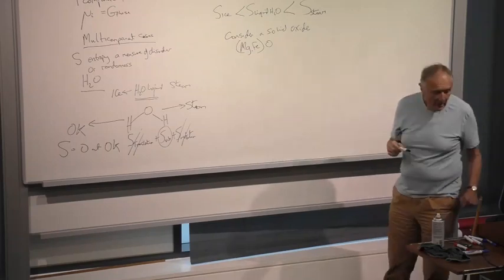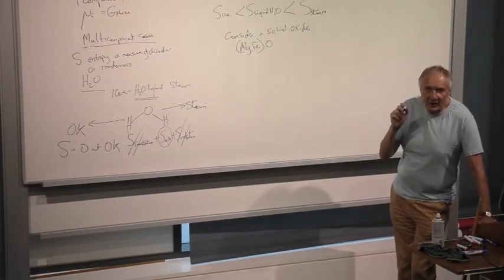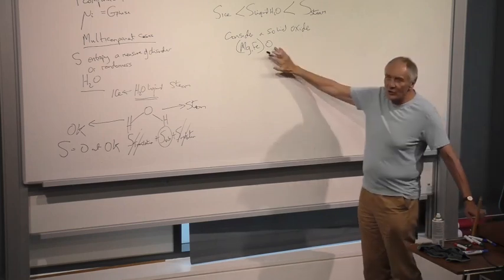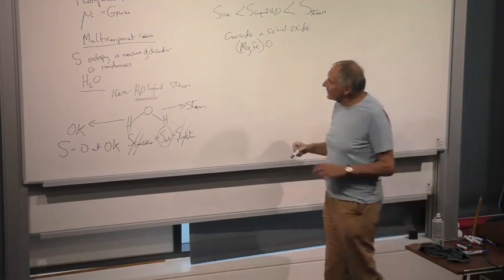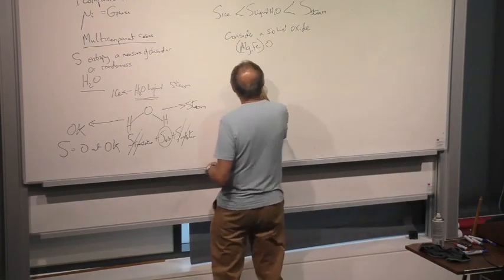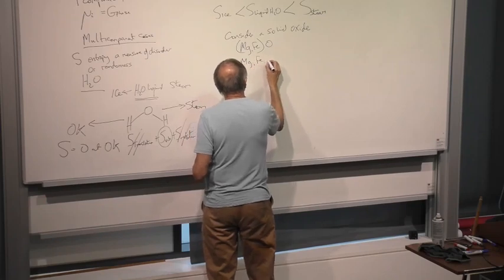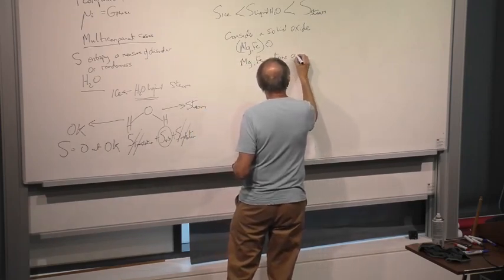The magnesium and iron atoms occupy the same positions in the structure. This has the sodium chloride structure, so each magnesium and iron atom is surrounded by 6 oxygens. So those atoms occupy the same positions.